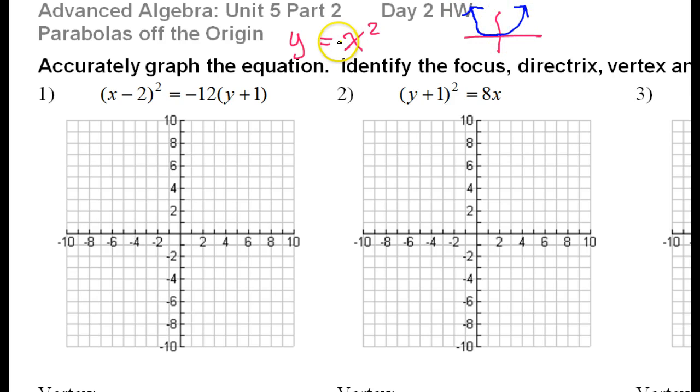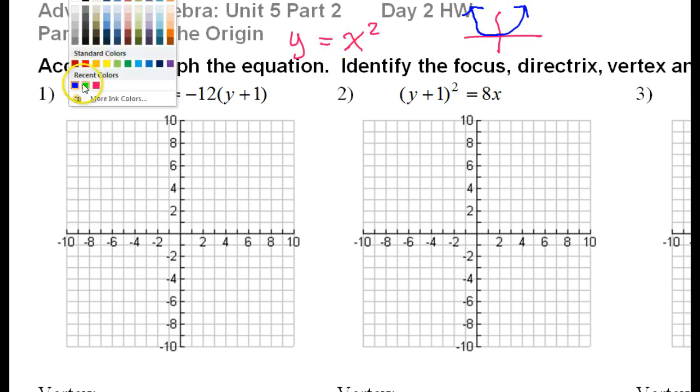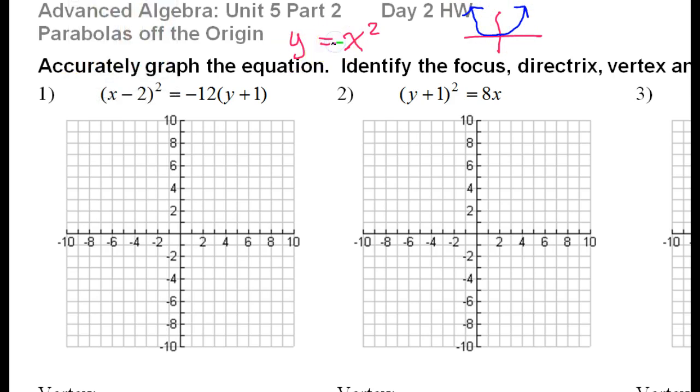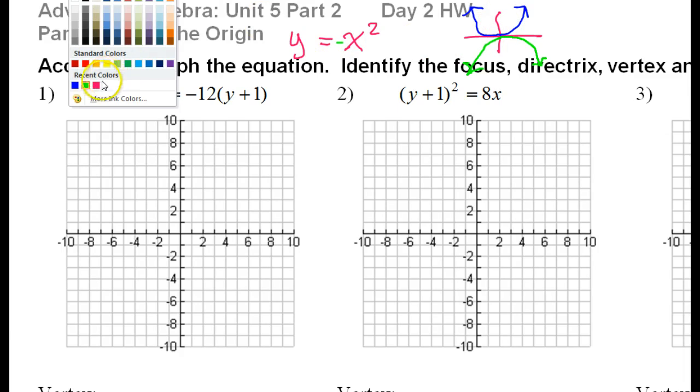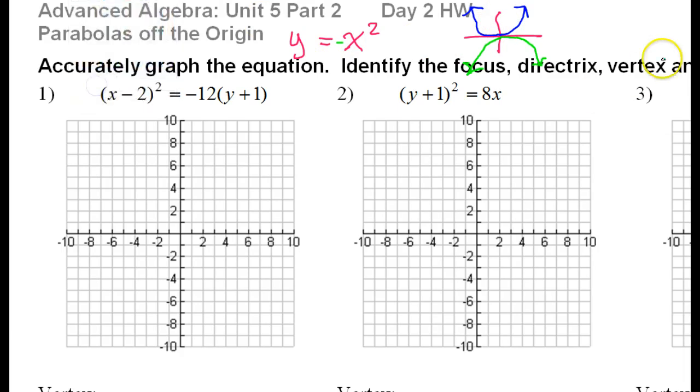We learned that if it had a negative in front of it, like negative x squared, then that had the effect of turning it upside down. But either way, if you see x squared, you know it's either up or down, depending on if it's positive or negative. On the other hand, if you see something strange that you haven't seen before, if you see y squared instead of x, that's new.